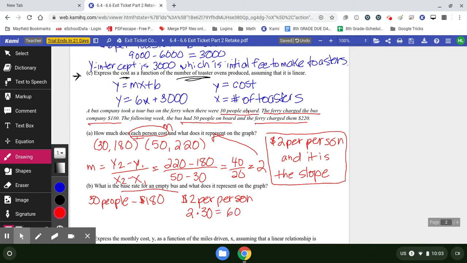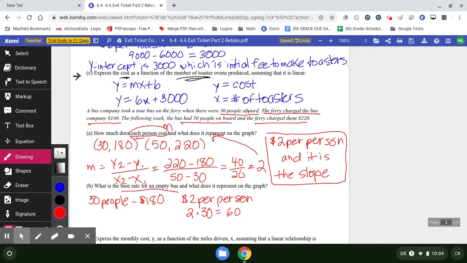But that wasn't the cost of the bill, right? The cost of the bill was $180. So I've got to take the 180 down here. Oh, excuse me. Apologize.